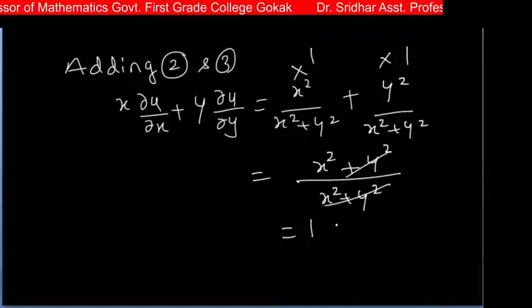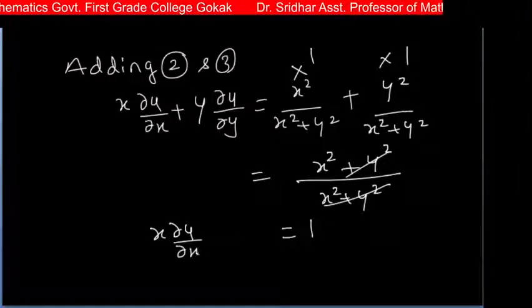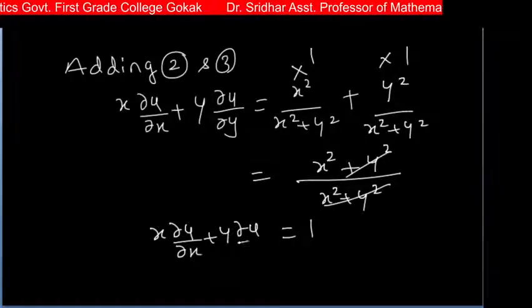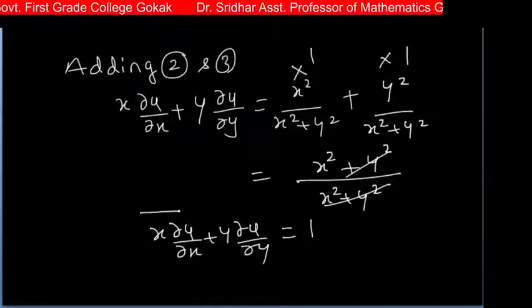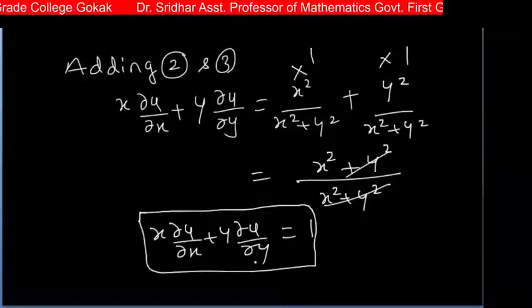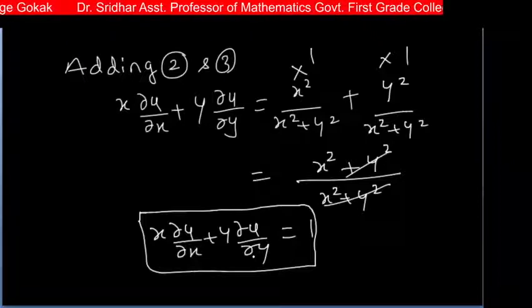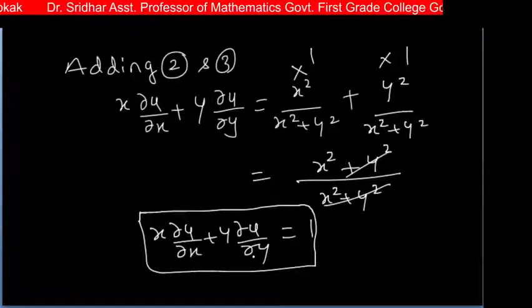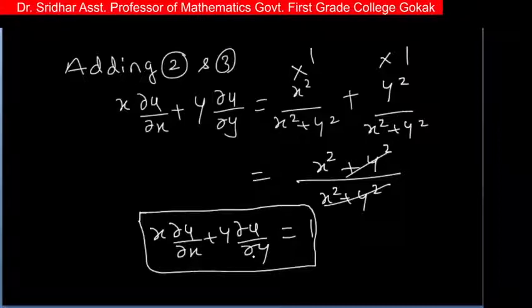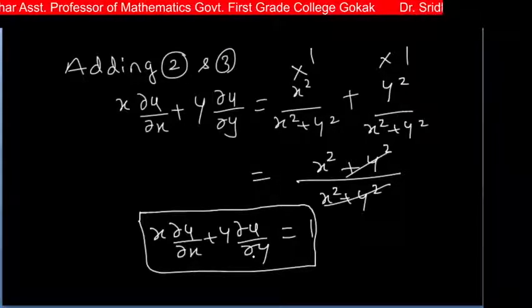Okay, thus x dou u by dou x plus y dou u by dou y is equal to 1, which is the required condition. Okay, so like that we solve the given problem by using partial derivatives.